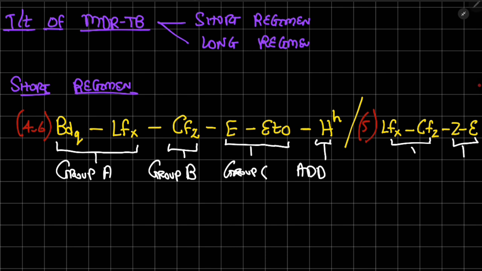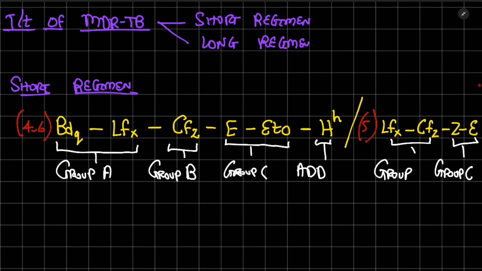And for the continuation phase, we have two drugs from group A and two drugs from group C. So remember it like this, surely you will remember. And the duration is, the initiation phase is 4 to 6 months, continuation phase is 5 months.